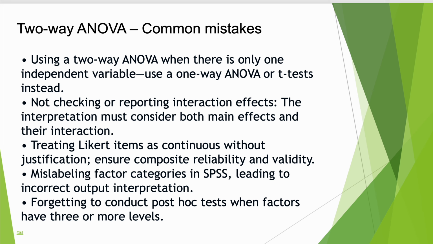So people will often get the first 4 hypotheses in there because they know they need them for the groups, but they will forget that the entire powerful nature of this test is that you can look at the interaction too. They will also mislabel categories, and sometimes they will forget to do those post hoc tests, which are really just, again, checking your work.